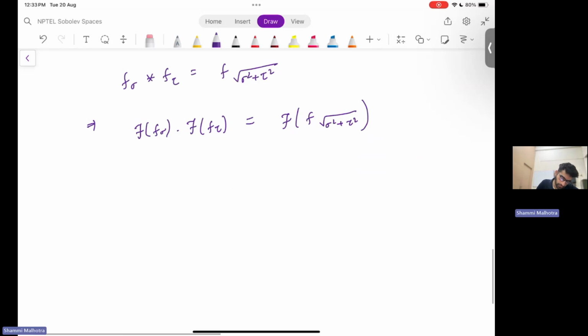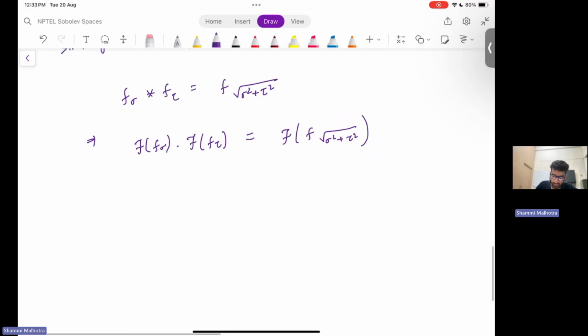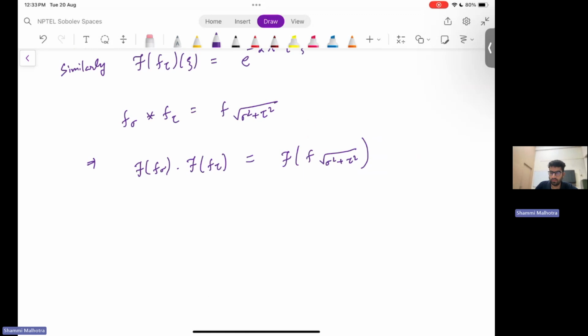This is an if and only if result, because we can apply the Fourier inverse on both sides. So this is reversible.